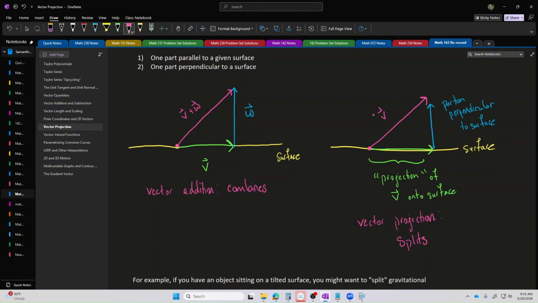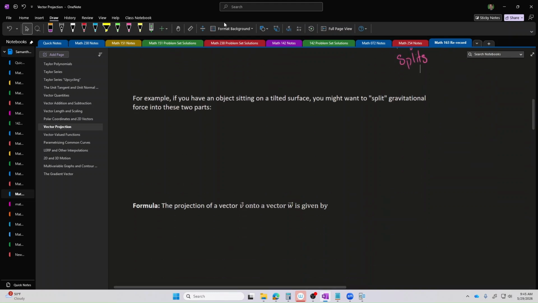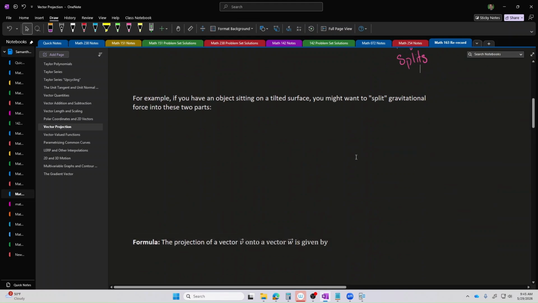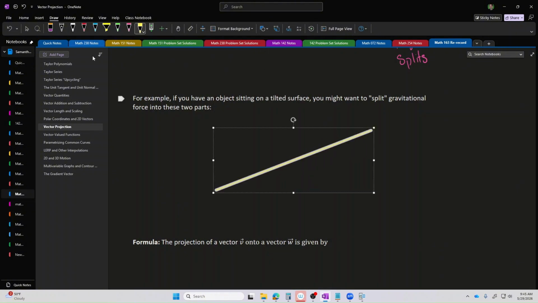To give you a quick real-world example of why you might want to take a vector and split it into parts like this, imagine the following physics problem, where I have an object that's sitting on a tilted or inclined surface. So imagine that my surface is coming out tilted this way, and I have an object sitting on top of it.